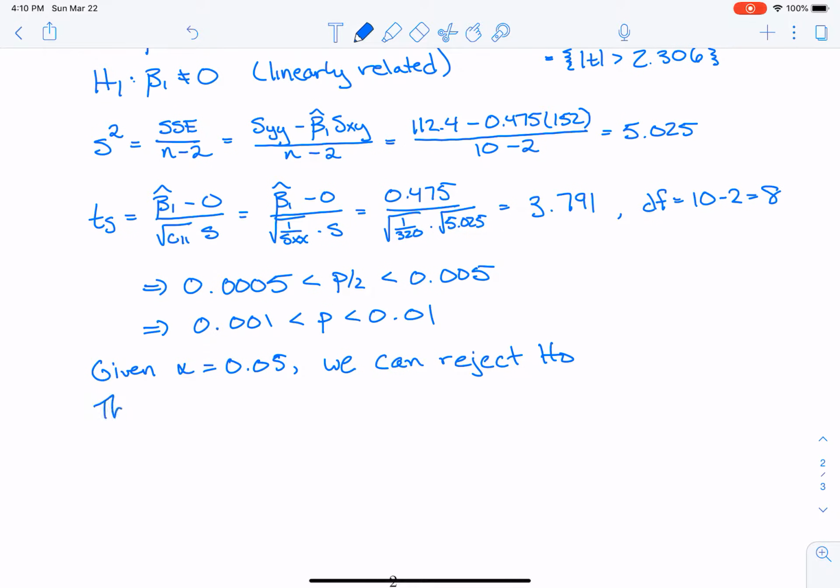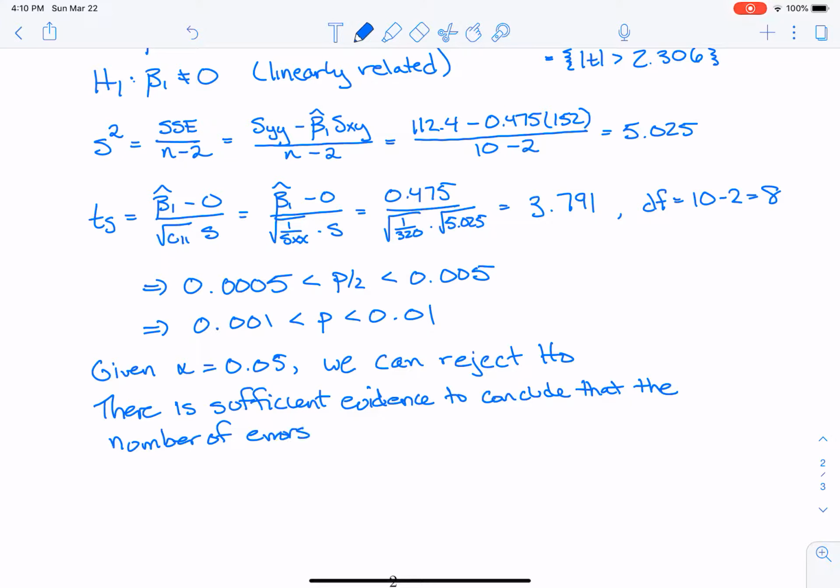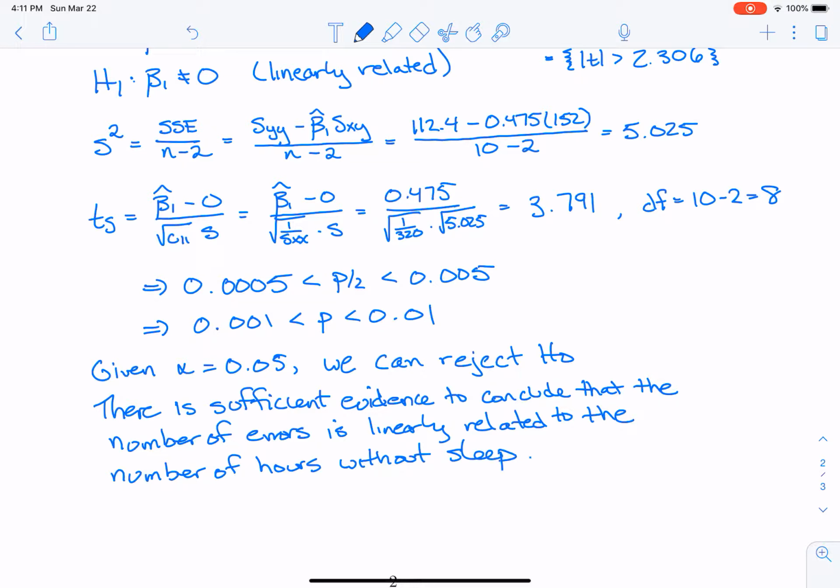That means that there is sufficient evidence to conclude that the number of errors is linearly related to the number of hours without sleep.